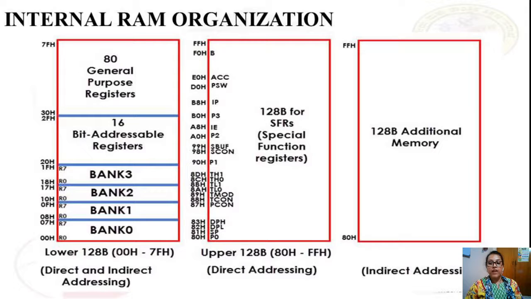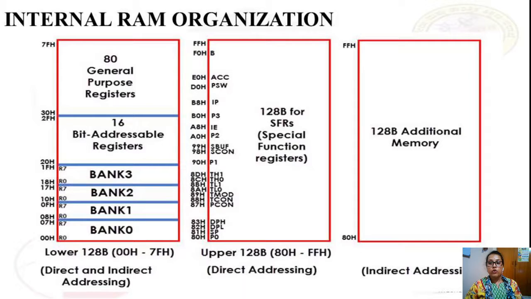So 12H corresponds to register R2 in Bank 2. R0, 10H, R1, 11H, R2, 12H, R3, 13H, R4, 14H, R5, 15H, then R6, 16H, R7, 17H.